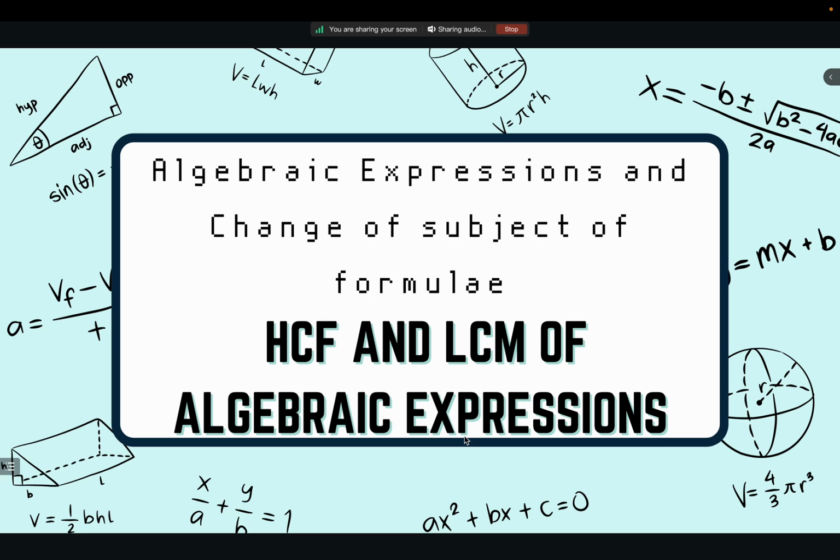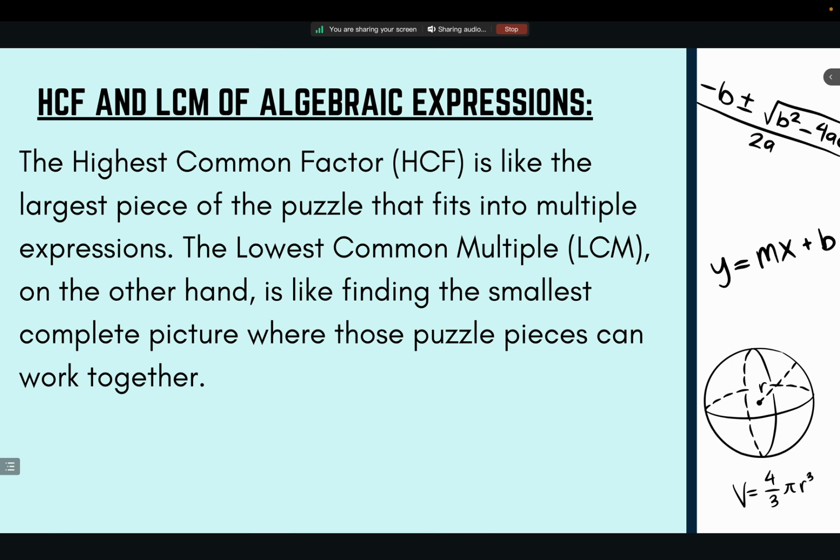Finding something common can solve many problems. Today, we will explore how we find common factors and multiples in algebraic expressions. So let's get right in.